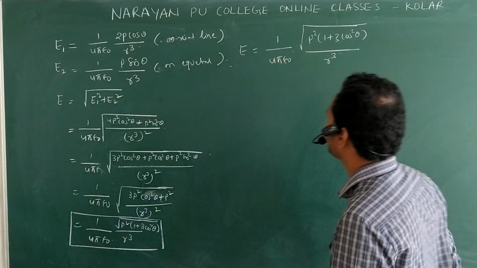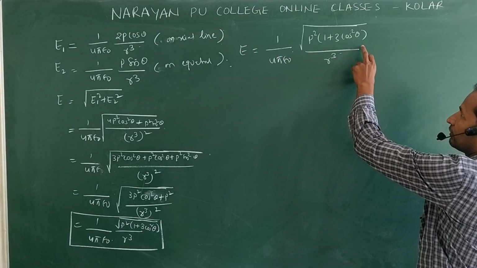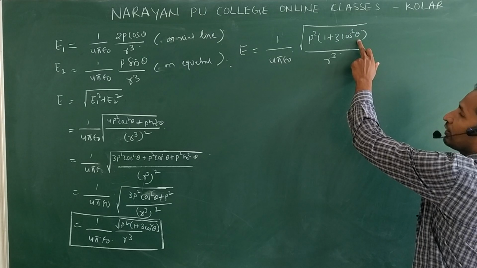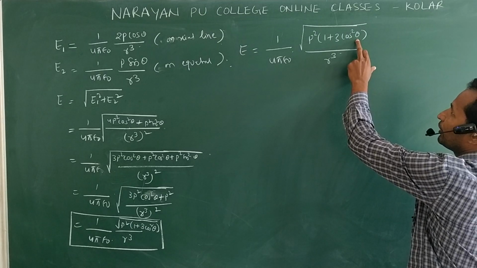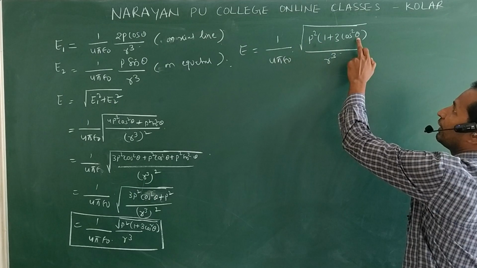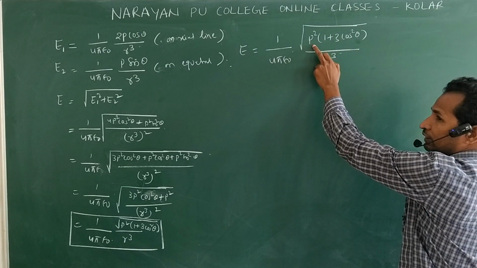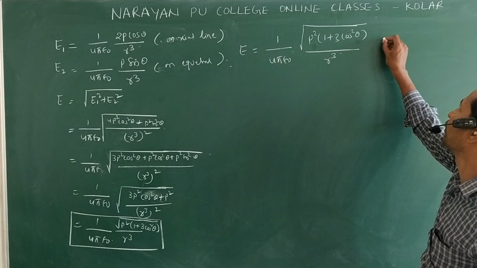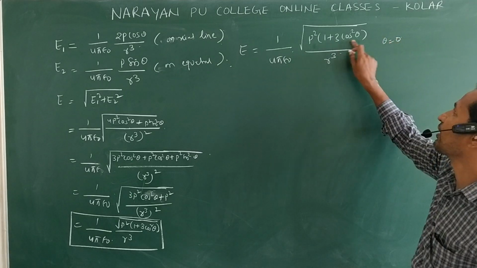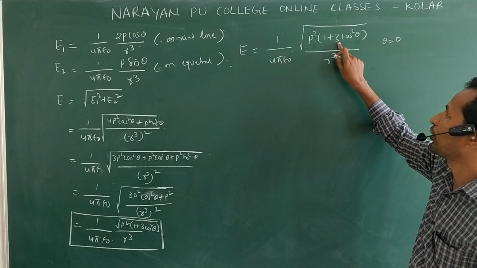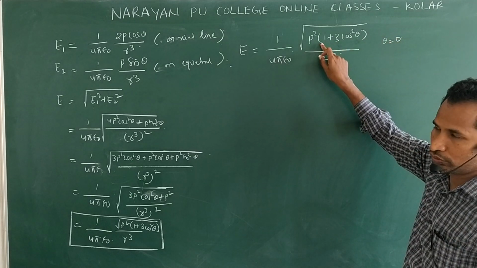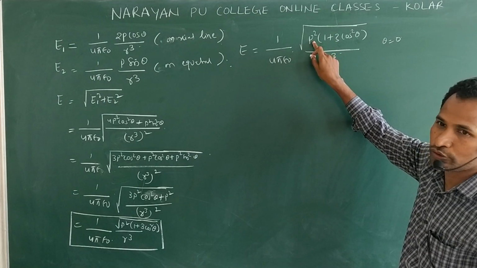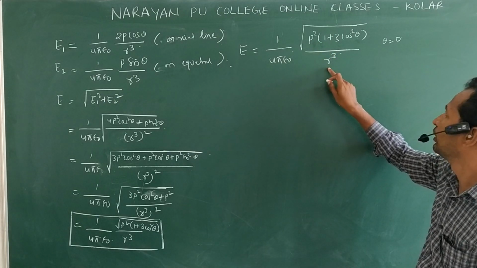If they ask, if the point is given on an axial line, then what happens? Theta will be 0. Theta is the angle between axis and dipole moment. If theta is equal to 0, then cos 0 is 1, 3 plus 1 is 4, root 4 is 2, p square root is p. So 2p by r cube.